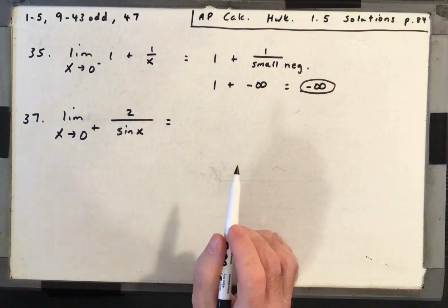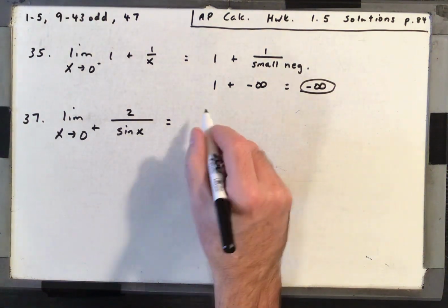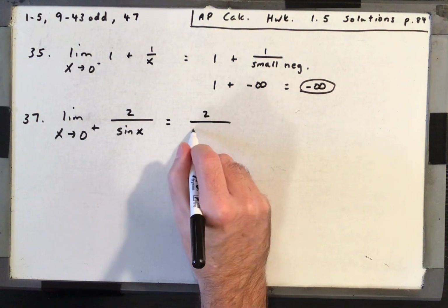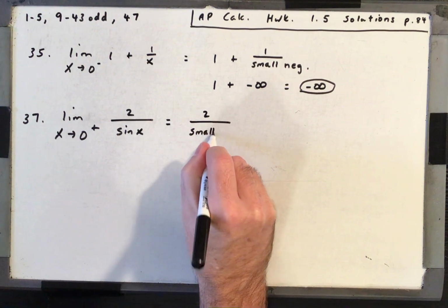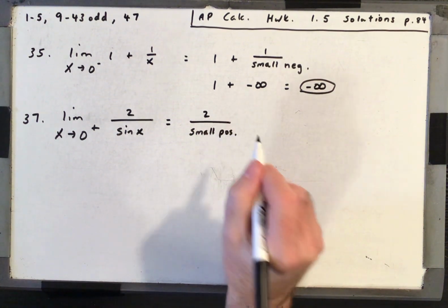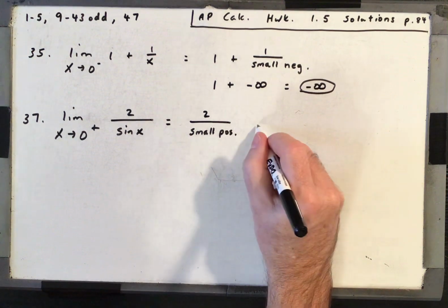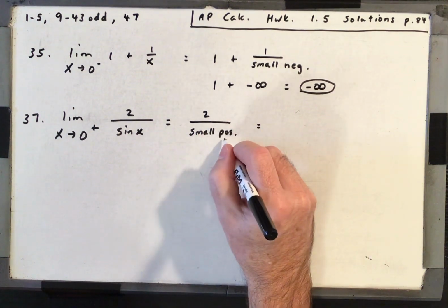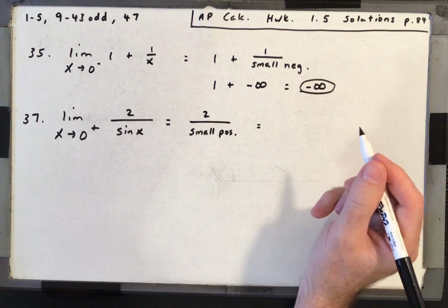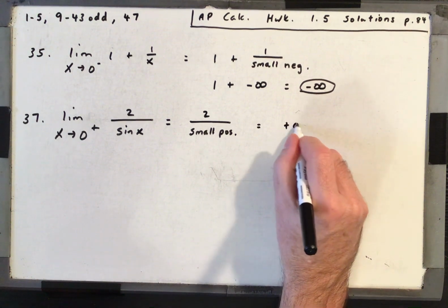We know sine is positive in quadrant 1, so that would be 2 over a small positive, or in other lectures I've used tiny. So 2 over a tiny positive is going to be positive infinity.